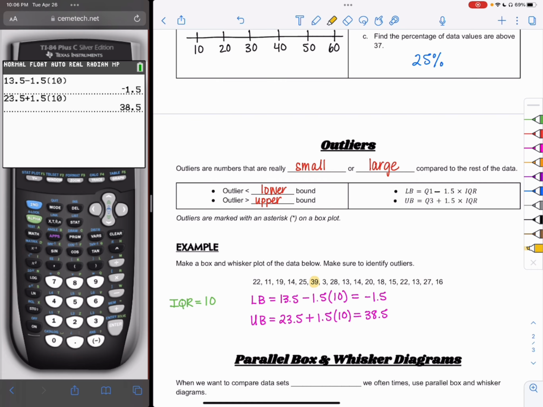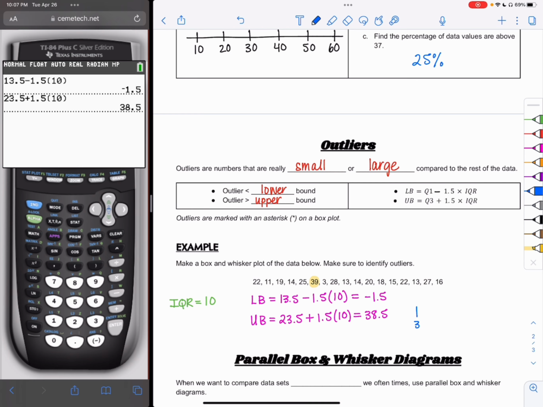Okay. So if I wanted to draw my box and whisker plot, I would have my max and my min, of course. Now, 39 is the actual maximum, but remember, 39 is the outlier. So when we make our box and whisker plot, we are going to have to have our min, which is 3.